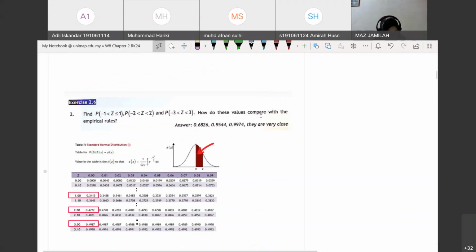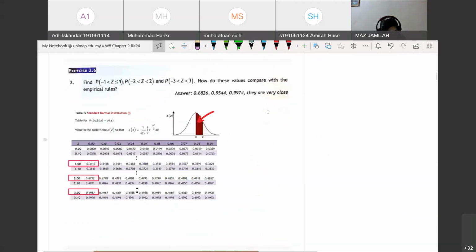Okay, find the probability of z is between -1 and 1, z is between -2 and 2, and z is between -3 and 3. And how do these values compare with the empirical rules? So as we know, we are using the first probability concept.